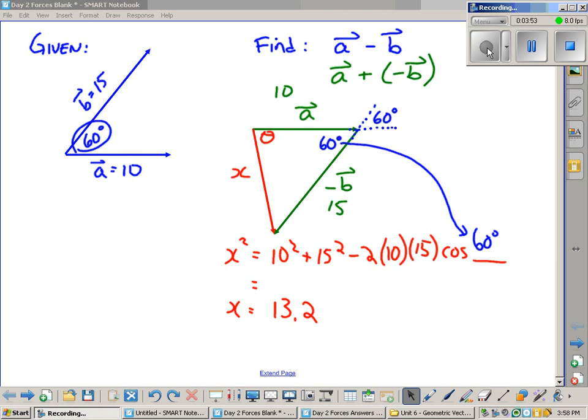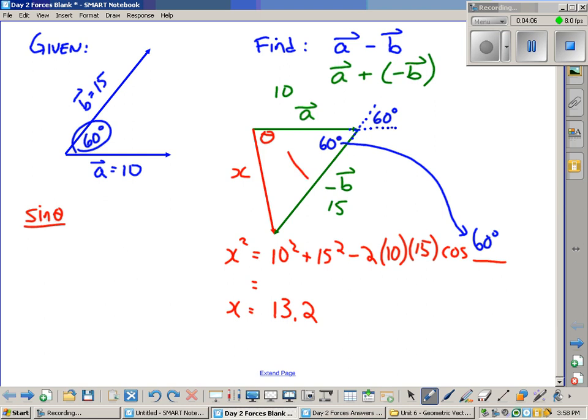So to find theta, just like yesterday, we'll use the sine law. And so this is going to be sine theta over its opposite side, which in this case is 15, equals, now we need to pair up the ones we know, and we have these two known. So we've got the x side and the 60, so it'll be sine 60 degrees over x, and we just solved x.